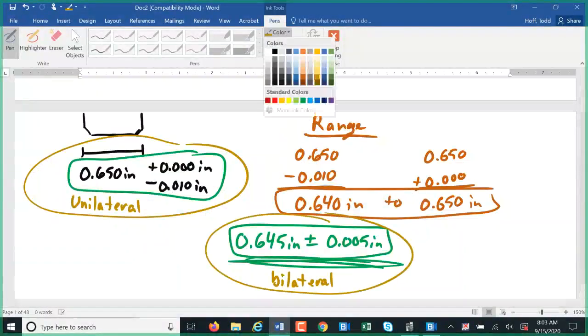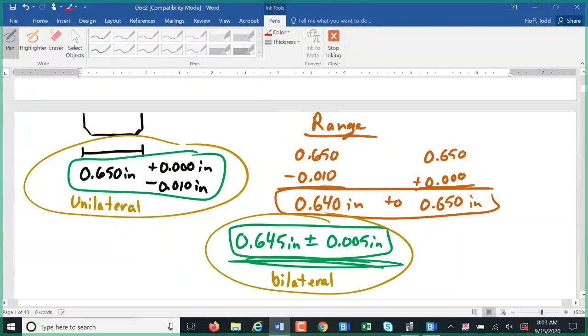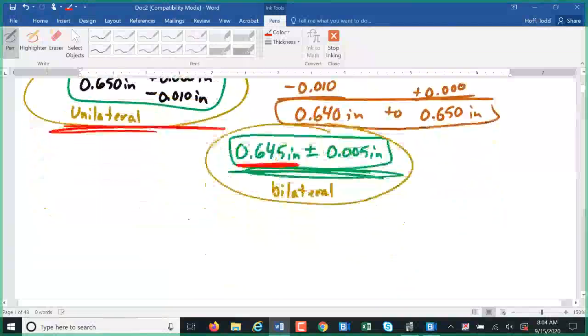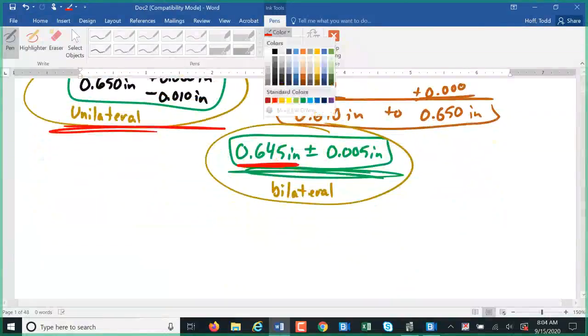And that is because we're looking at what we actually desire. This is telling whoever is making the part that we really want it to be 645 thousandths. Get as close to that as you can. Be off by no more than 5 thousandths either direction. This is telling whoever's making it that we really want it to be 650 thousandths. So then it comes down to the process.